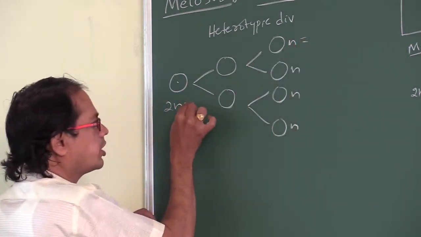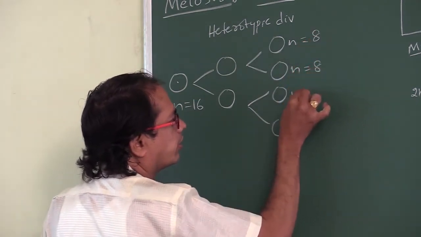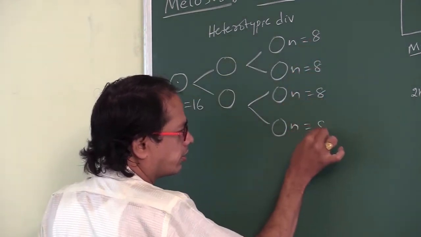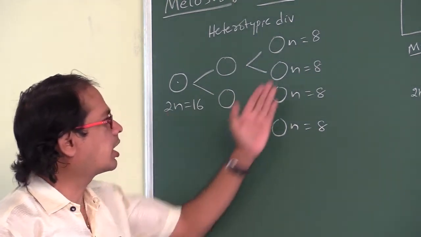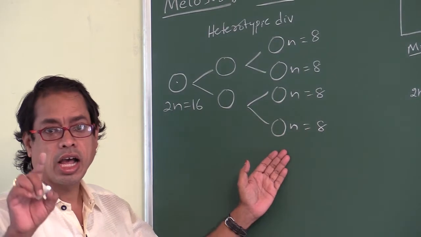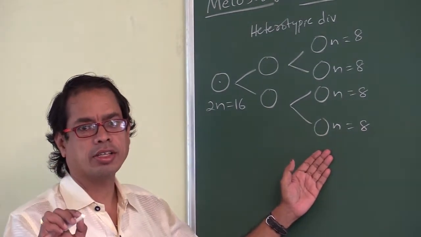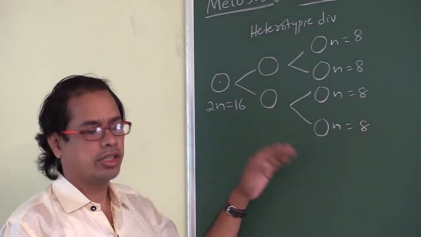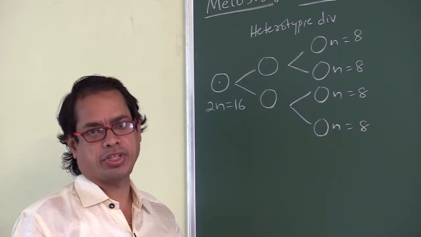Let us suppose 2n is equal to 16, which means n is equal to 8. So, the genetic material present in the parent cell and the daughter cells are not identical. Why? Because crossing over occurs in meiosis. That's why meiosis is also called heterotypic division.